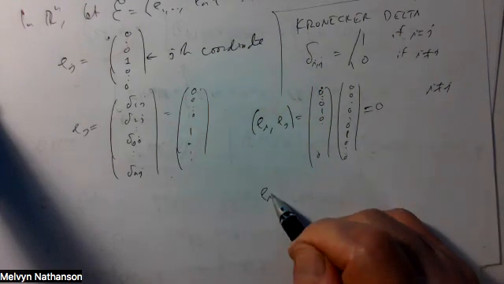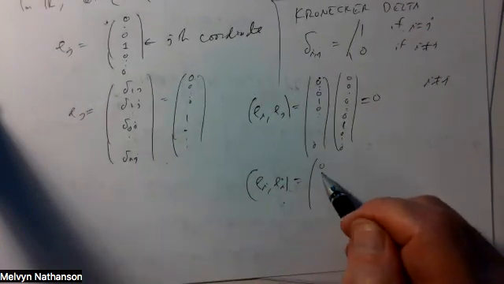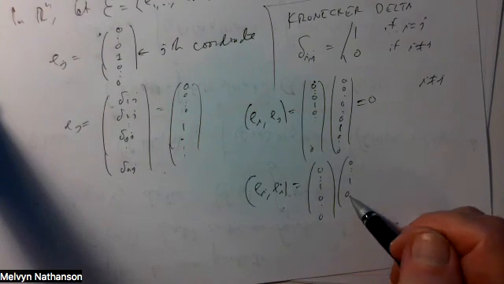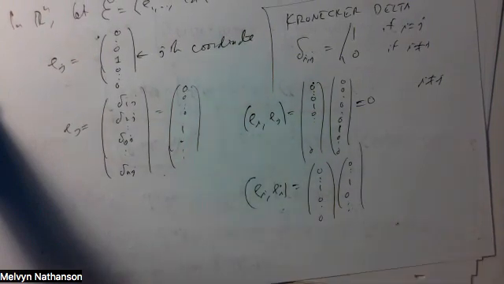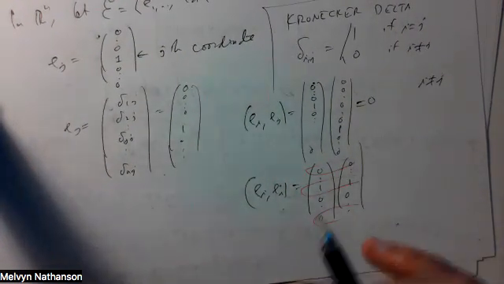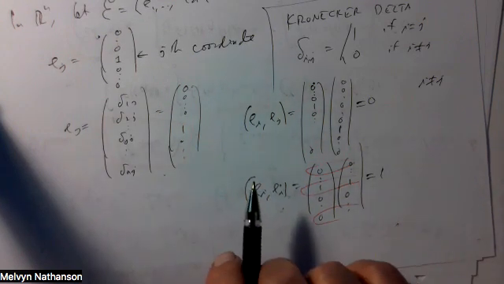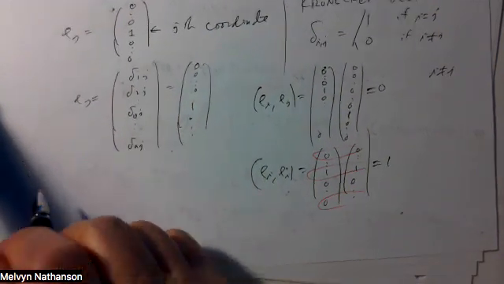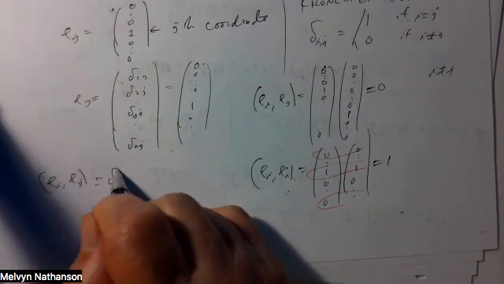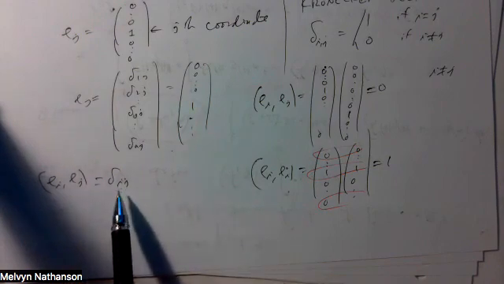But if you take the standard inner product of e_i with e_i, now the two vectors have their 1 in exactly the same place. So when you add up the products of the pairs of coordinates, you get zeros plus 1 plus 0, you get 1. So in fact, for the standard basis, the inner product of e_i and e_j is the Kronecker delta_ij. 1 if i equals j, 0 otherwise.